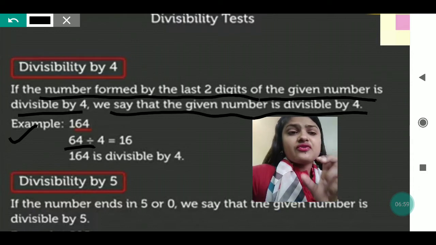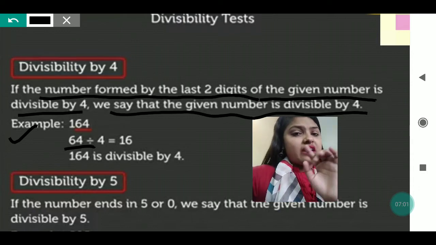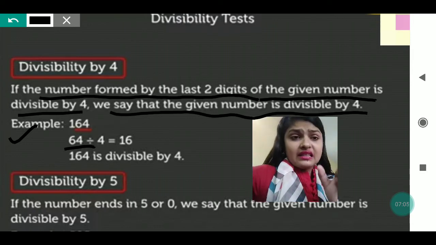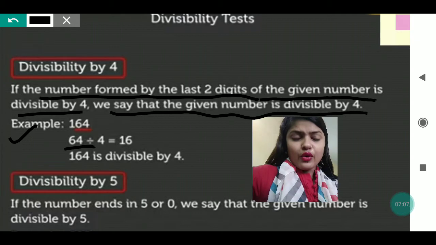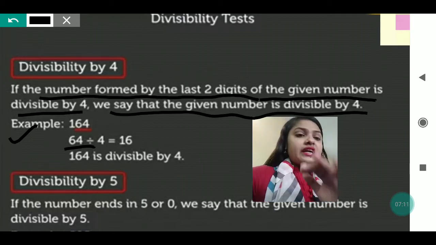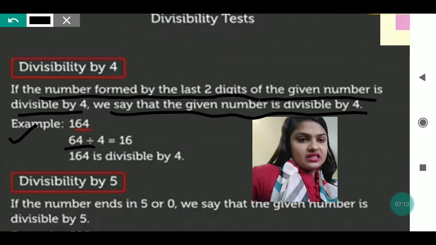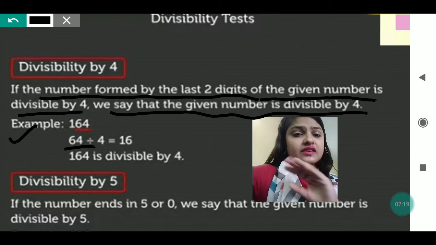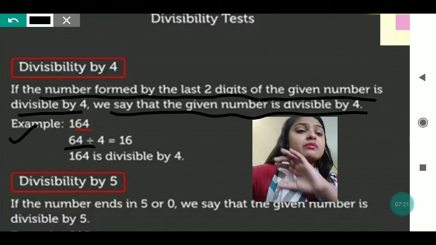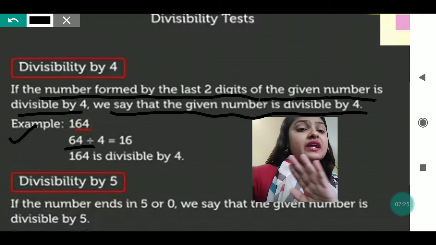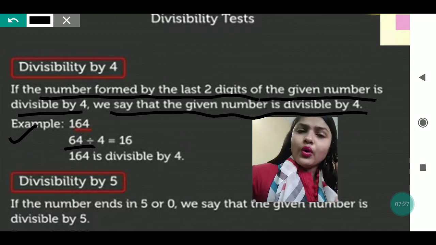If the last two digits are not divisible by 4, it means the whole number is not divisible by 4. It doesn't matter how many digits are given, 4 digits or 5 digits, you just have to see the last two digits. If the last two digits are completely divisible by 4, the whole number, whatever the number of digits, is completely divisible by 4.